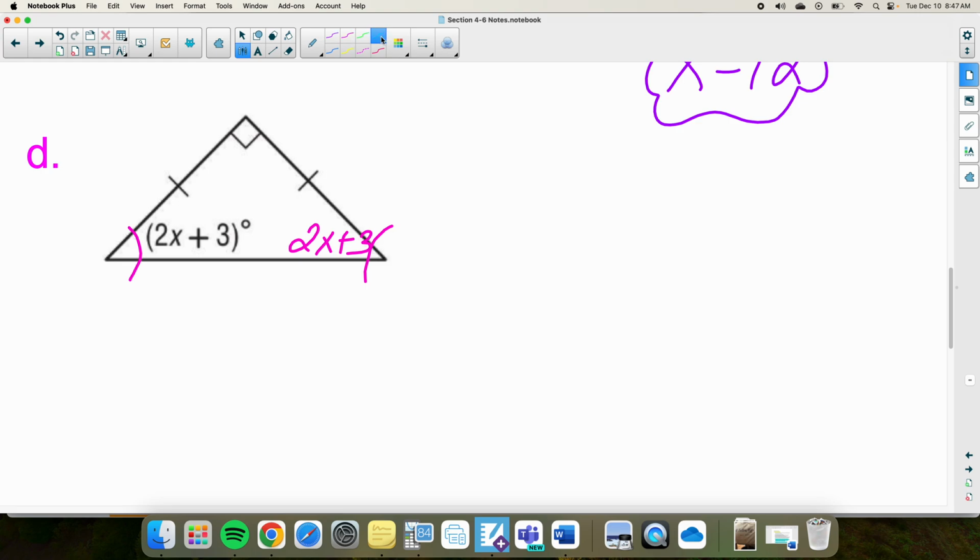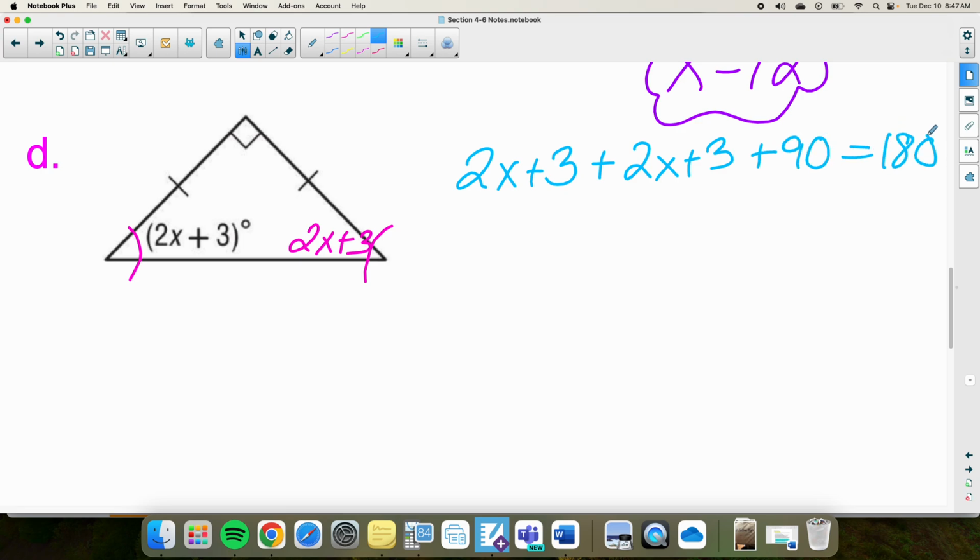I think I'm going to do it the long way, just in case you didn't notice the other thing. So we're going 2x plus 3 plus 2x plus 3 plus 90 equals 180. Okay? 2x plus 2x is 4x. 3 plus 3 plus 90 is 96.